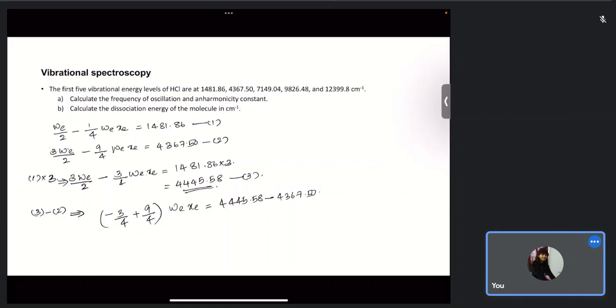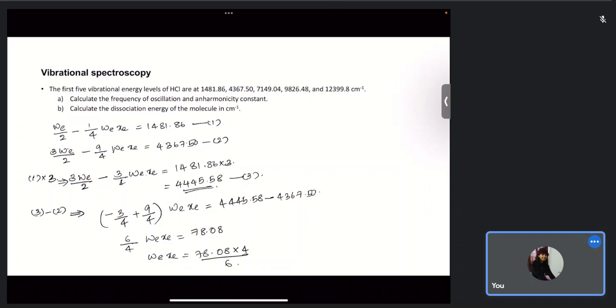So this will become 6 by 4 omega E xc, which equals 78.08. Now we can find what is omega E xc. So that is 78.08 into 4 divided by 6.